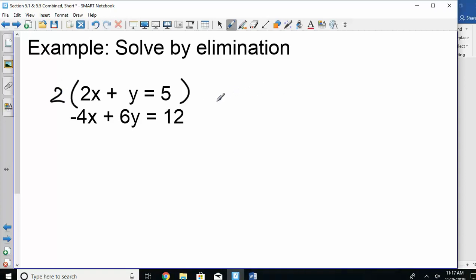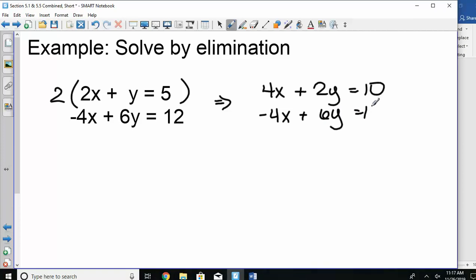So now, in my top equation, if you take everything times 2, you get 4x plus 2y equals 10. Bottom one, we did not have to change. Alright, so when I add those, the x's drop. So I have 8y equals 22.